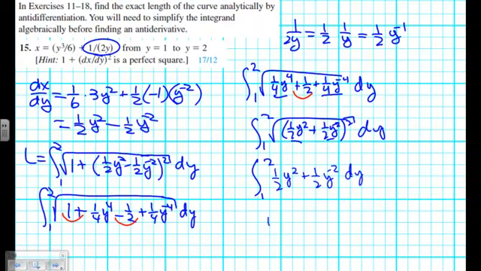Anti-derive: that becomes 1/6 y cubed plus, add 1 to that exponent, and you get negative 1 y to the negative 1, evaluated from 1 to 2. I think I did that right. Looks good.